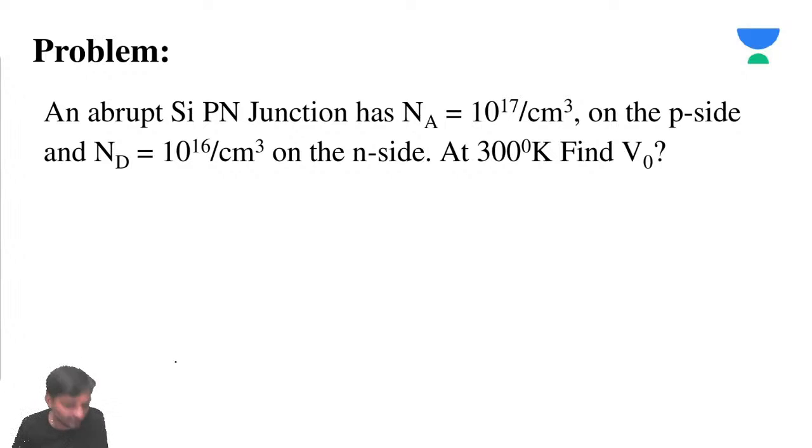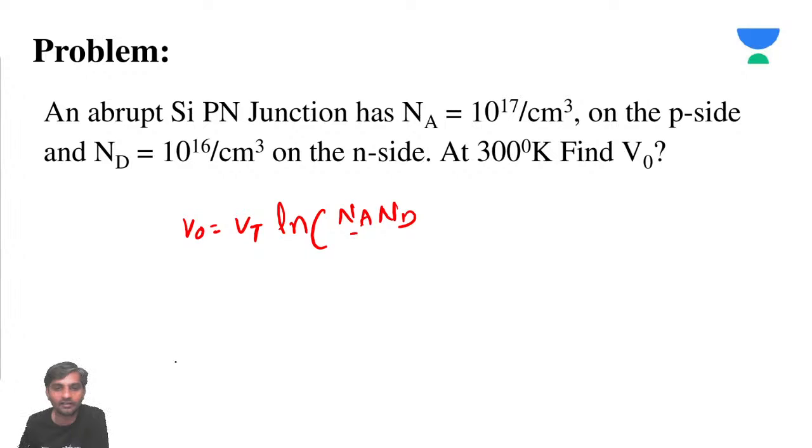I think we discussed the same problem yesterday. So simply, V naught is equal to Vt into ln of Na Nd by ni square.